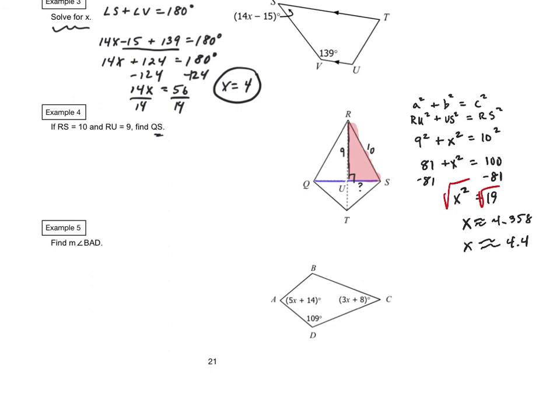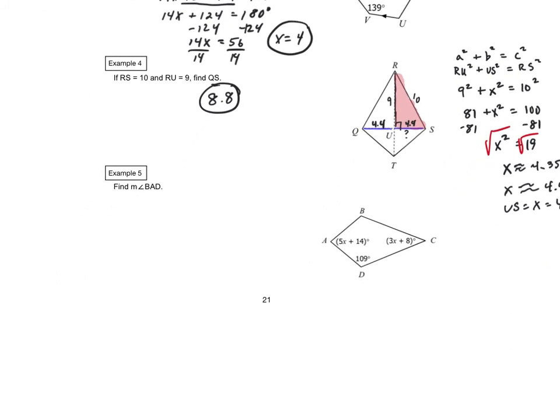So US, not RS, US is equal to x, which is equal to 4.4. If this is 4.4, then we know this is 4.4, so therefore SQ is going to be 8.8 units. So there we go, using some of those properties.